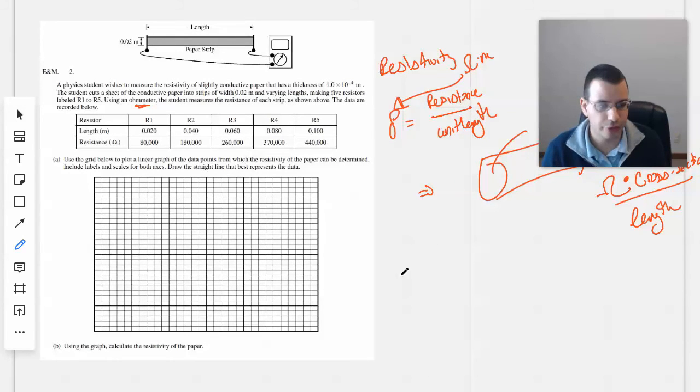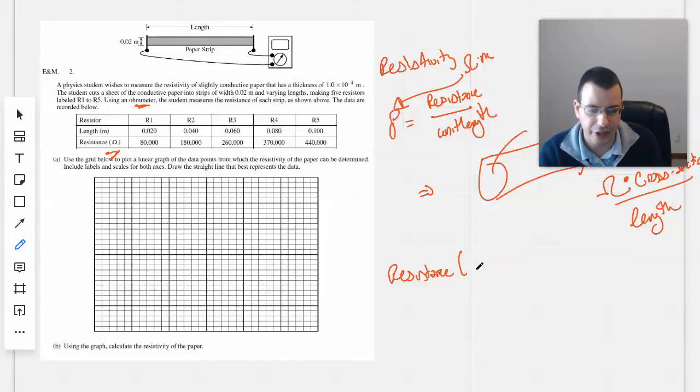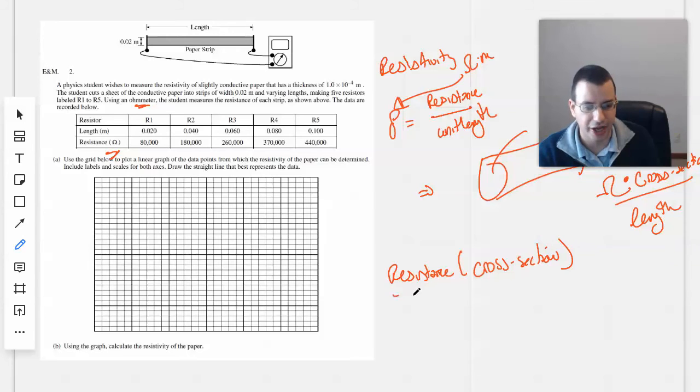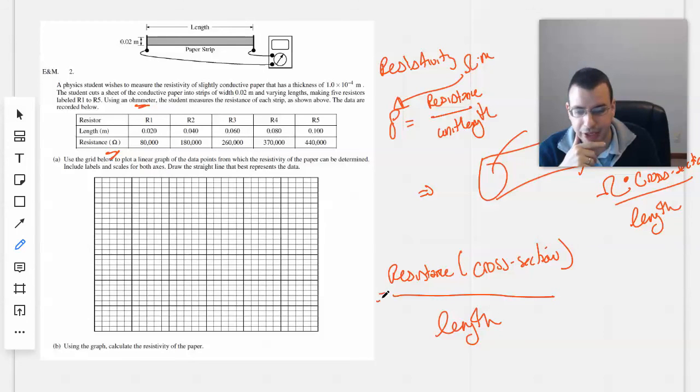So the equation for resistivity will be resistance, which I think we're given. Are we given the resistance? We have an ohm meter, so yep, given resistance. And then multiply by cross section, and then we'll divide by length. Yep, length of each piece of paper. And this is rho, the resistivity.